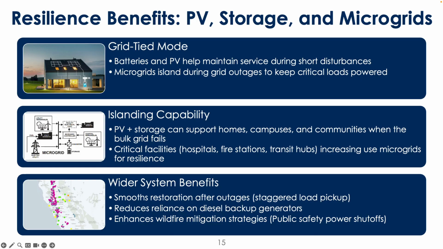And it can help enhance wildfire mitigation strategies. So we talked about public safety power shutoffs. In events of high wind, you may be able to still maintain generation in the case that these things are happening.